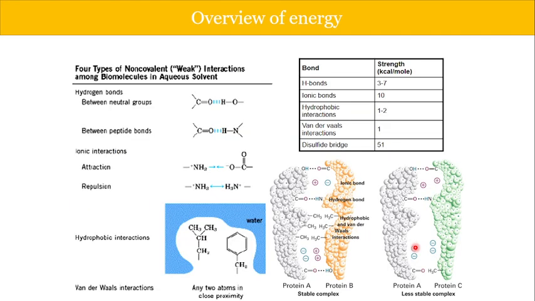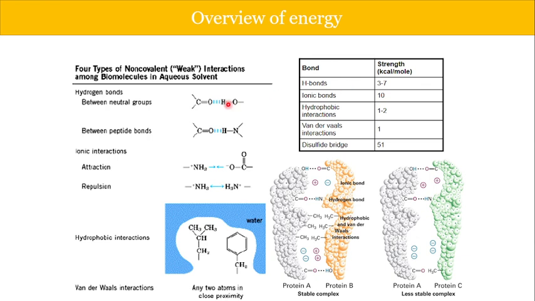Now we can comment on the energy as well. There are different types of non-covalent interactions among biomolecules, like hydrogen bonds between the neutral groups, between the peptide bonds, which have a strength of 3 to 7 kilocalories per mole.